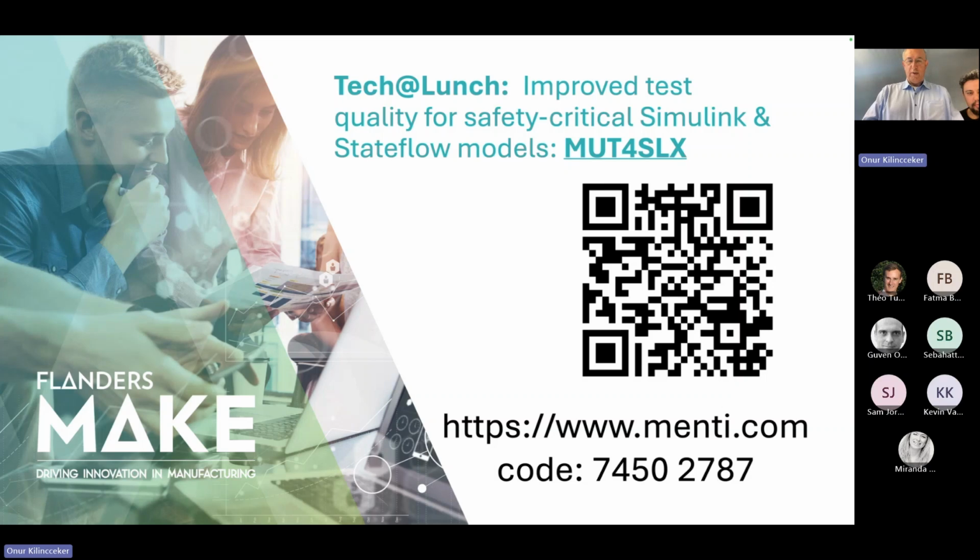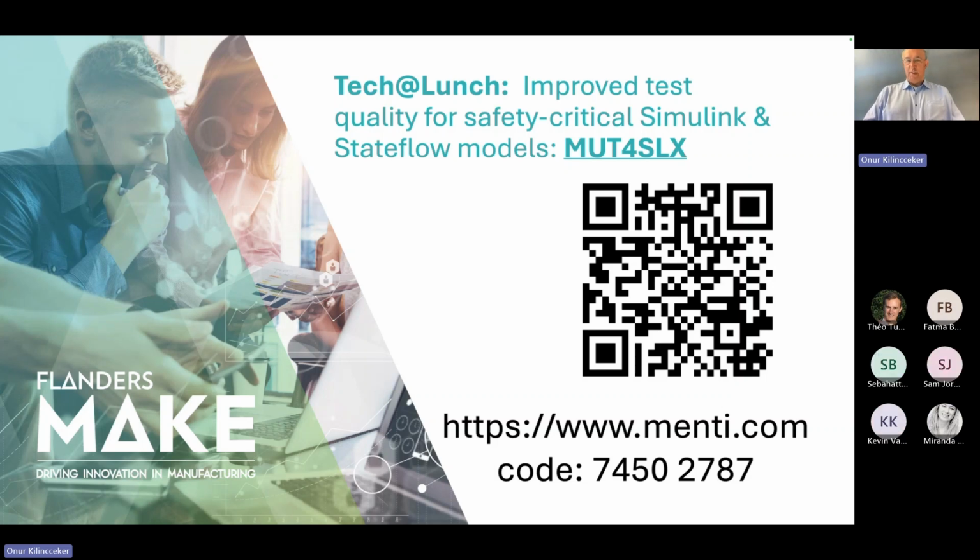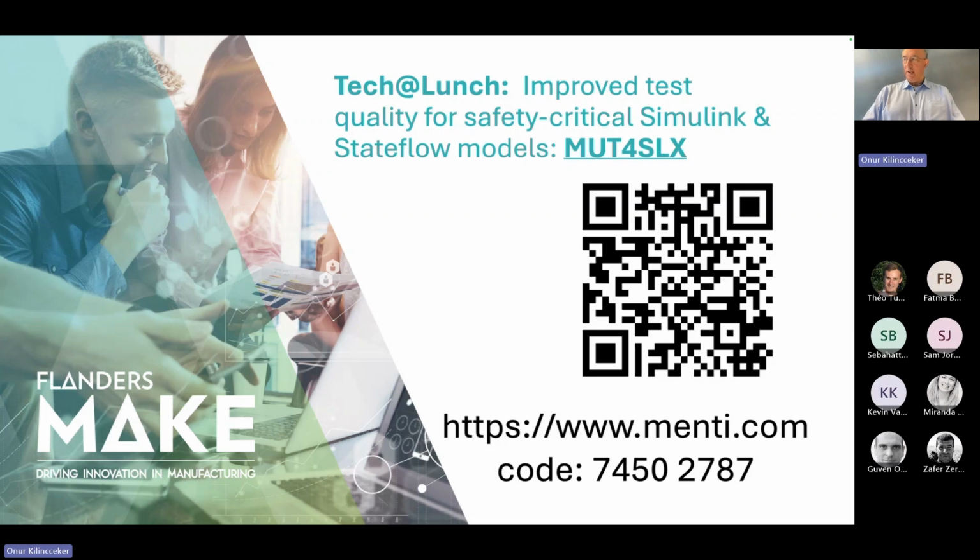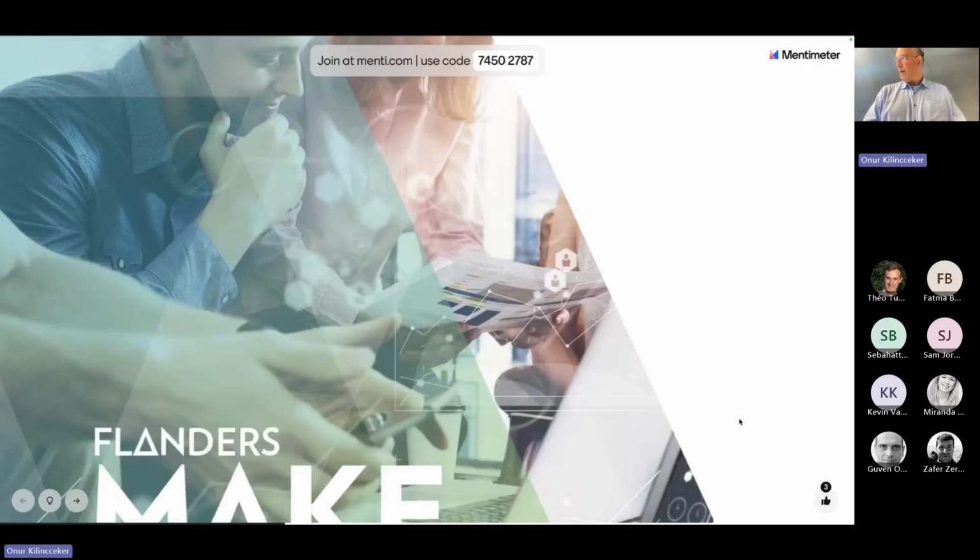So yeah, for people attending late, please open this QR code and go to Mentimeter so that we can see how many people are here and that we can also interact with you. There's a little thumbs up here.